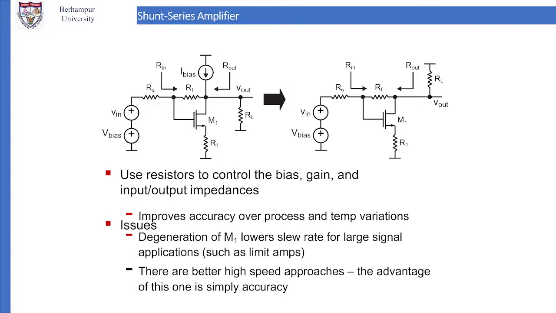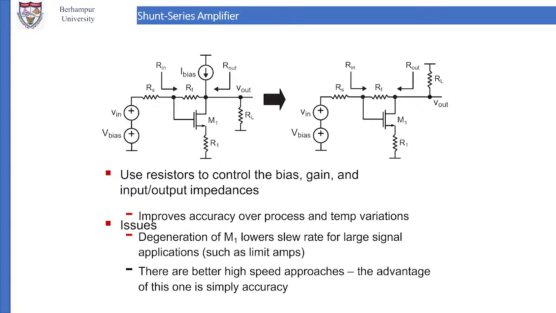Then use a shunt series amplifier instead of the amplifier that we are using. Now let us use a shunt series amplifier. The circuit is shown on the left hand side, its equivalent on the right hand side. On the left hand side you can see we have used a shunt resistor RS. Then in the output you have RL.